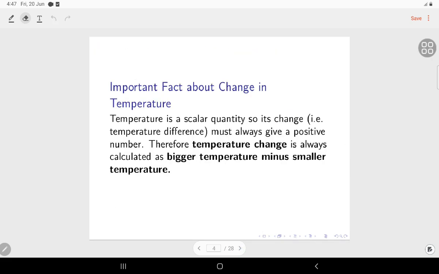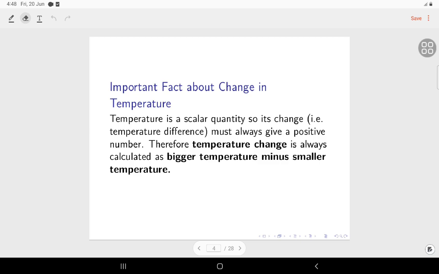Now, because we are talking about temperature change, we talked about heat capacity being the ratio of amount of heat to change in temperature. I want us to note this fact about change in temperature. Temperature is a scalar quantity. So when you find its change, you have to get a positive answer.